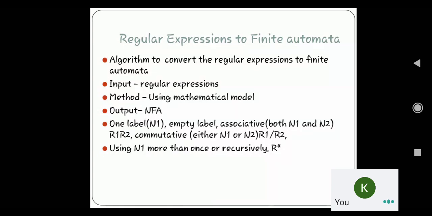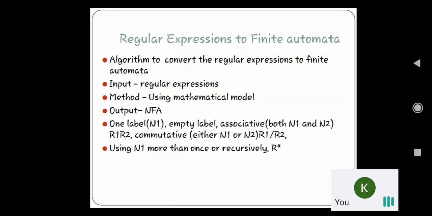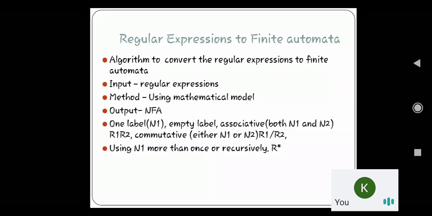The 5 important steps are: the first one, passing one label alone. The second one, passing the empty label. The third one is associative, where we have N1 and N2. N1 is NFA1, and N2 is NFA2. Associative means we concatenate both N1 and N2, so by combining them we generate a new NFA.